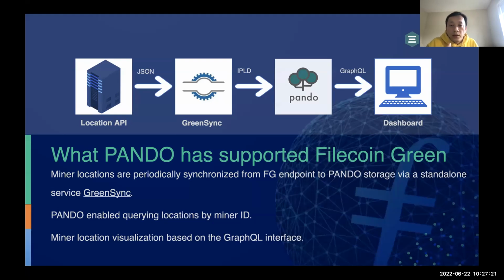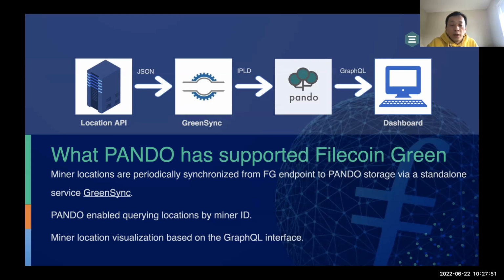On top of the Pando storage, it also supports a GraphQL interface so that from the dashboard or the client, the data can be queried over GraphQL. The location API we are talking about now is the miner's location. As this information is stored in Pando, we can also build a dashboard.